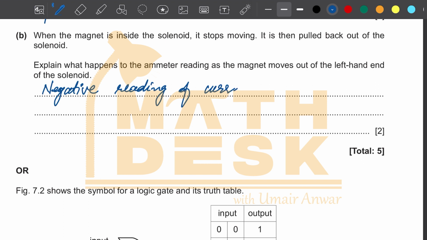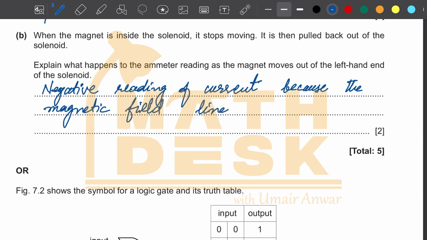because initially when the magnet was moving towards the coil we had the positive reading of the current, and now we would have the negative reading of the current, and the reason for this is the magnetic field lines are cut in opposite direction as compared to the one that was being done before.